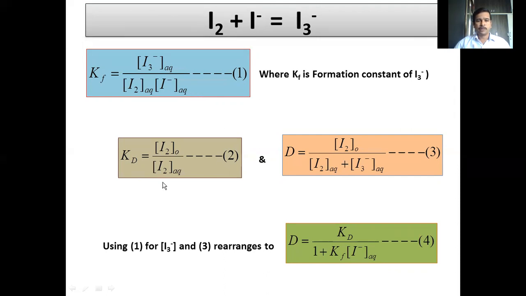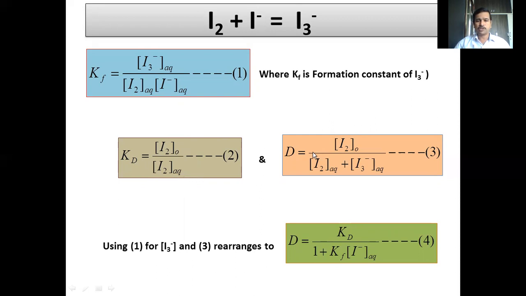All right. We know if iodine is extracted into the organic layer, iodine will be transferred to the organic layer selectively, and some amount of iodine may be left over in the aqueous layer. So if you use Nernst partition law, Nernst distribution theory, partition coefficient Kd will be concentration of iodine in the organic layer divided by concentration of iodine in the aqueous layer.